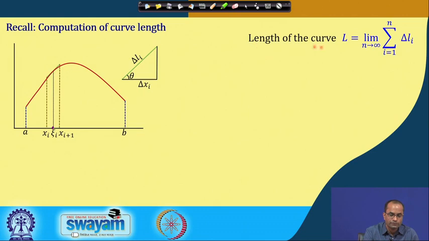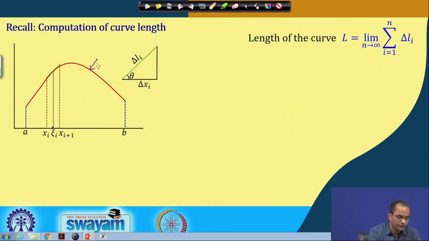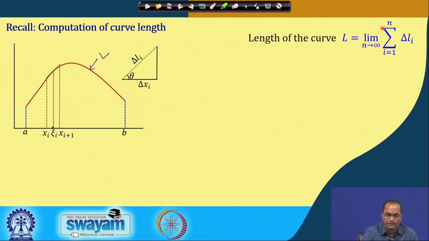Now, the length of the curve. This is our curve L here, and the length of this curve L will be given by summing all these parts of the tangents and then taking the limit. If we do not take the limit we have an error, because this tangent is not representing the curve in this interval delta x_i, but when delta x_i goes to 0, eventually we will end up calculating the length of this curve from a to b.